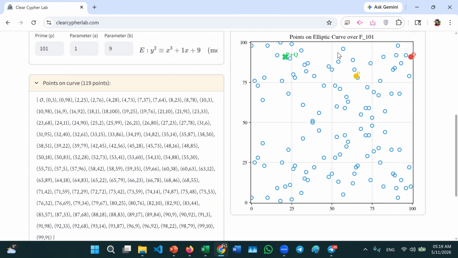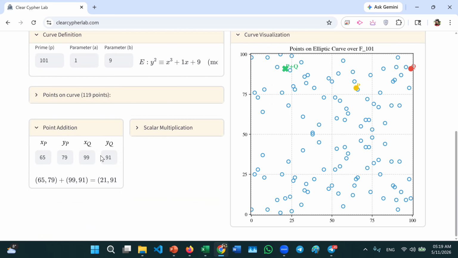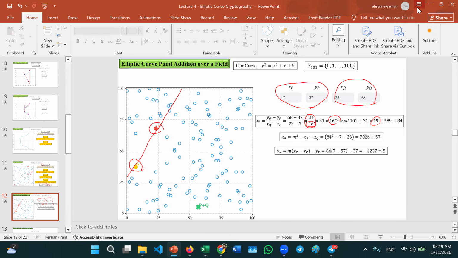So we can see the points here. If you enter a point that is not valid, like maybe 64, the point is not valid, right? So we see this error here. Using this website, you can do some examples by yourself and get a better idea of point addition.